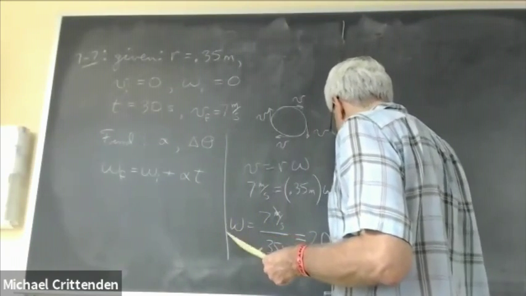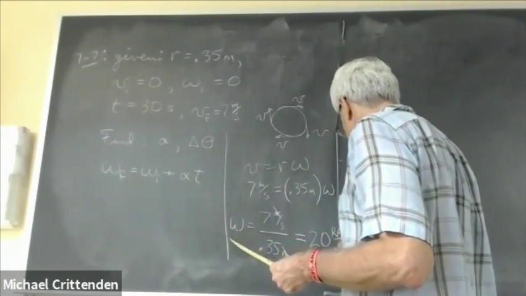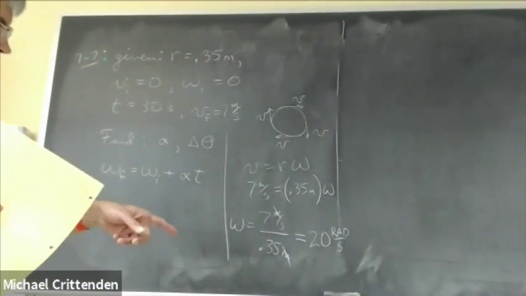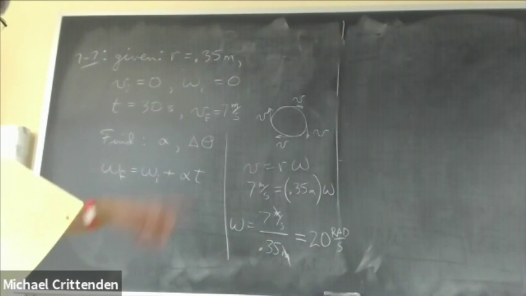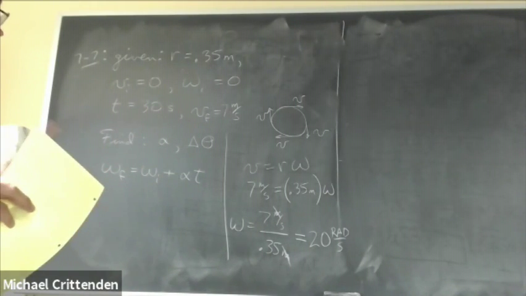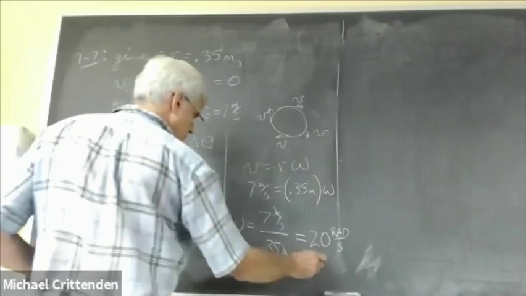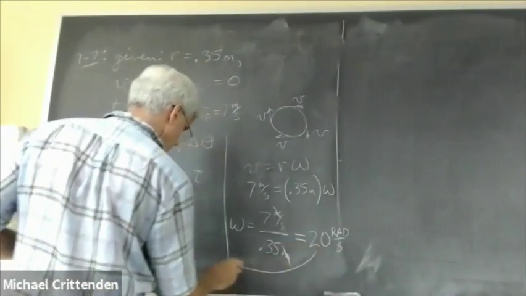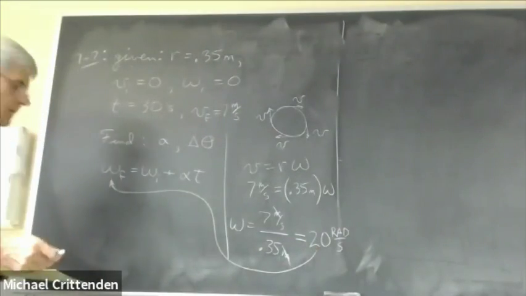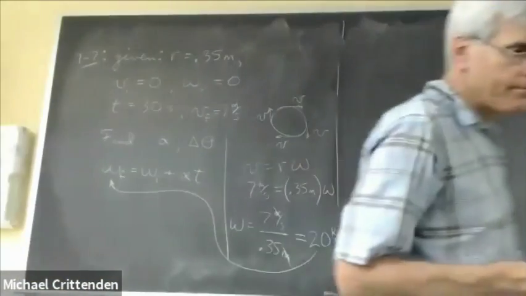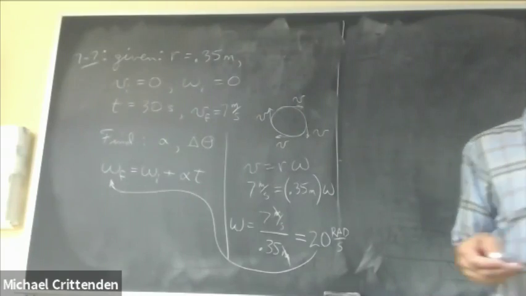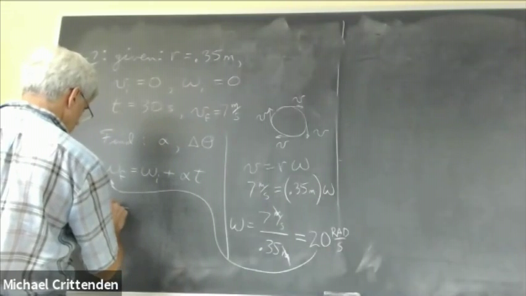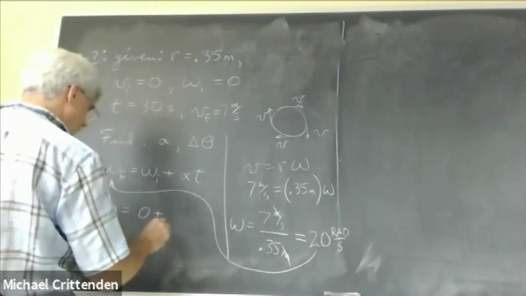So 20, if a wheel with that radius is going down the road at 7 meters per second, it's spinning at a rate of 20 radians per second. So that, let's see, that was final. So that'll go in there. The initial was 0. Alpha is what I want to know.